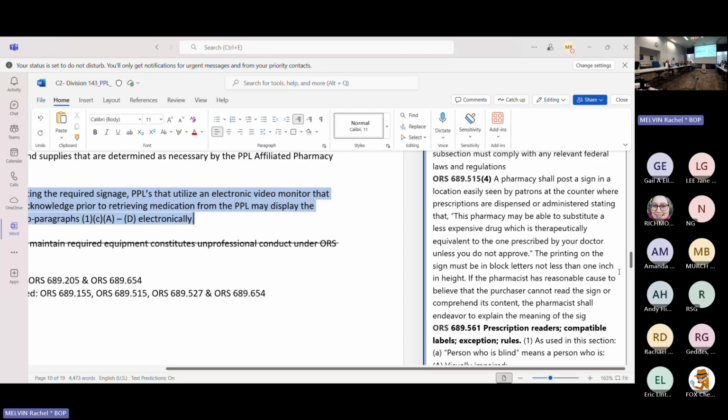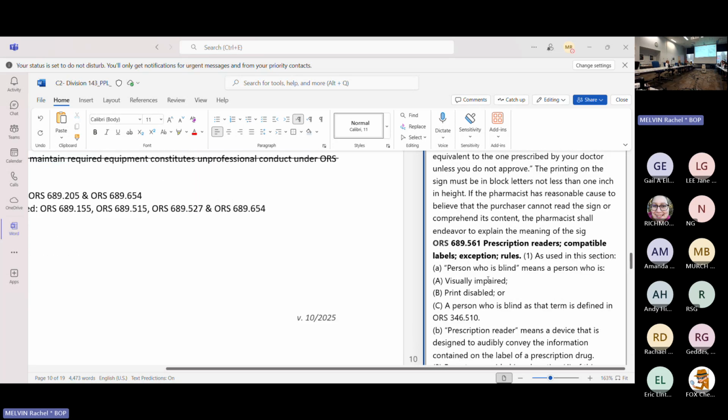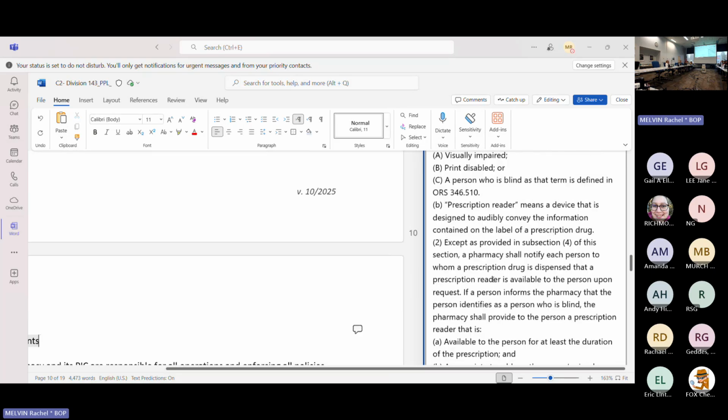The summary from this one, the takeaway: staff will do the homework on the statute and how that might look here. I did take a couple notes too for consideration, as the discussion for a locker that is at the same physical location as the pharmacy versus a different one.